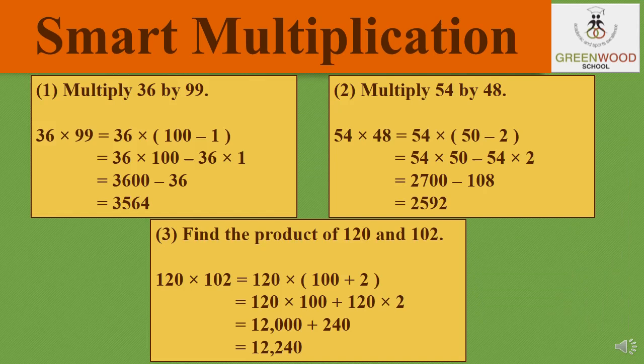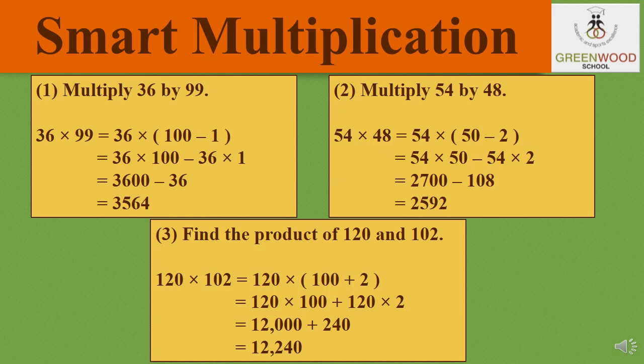Another way of smart multiplication. First one. Multiply 36 by 99. Now 99 we split as 100 minus 1. But this 100 minus 1 we write in one bracket. So now 36 will first be multiplied with 100, then minus sign, and after that 36 will be multiplied with 1.